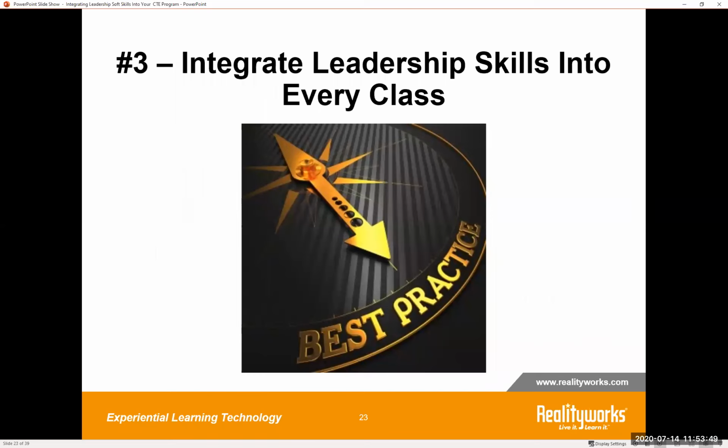So here's our best practice number 3, and that is to strive to integrate some sort of leadership skills into every class. Now, good effective leadership is a skill that can certainly be learned, practiced, and improved upon. And while we tend to notice, obviously, the more obvious charismatic leaders with the loud and bold personalities, the fact is that anybody, even the quiet kid in the back who hardly speaks a word, can be a leader.